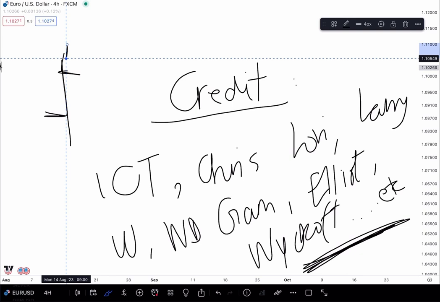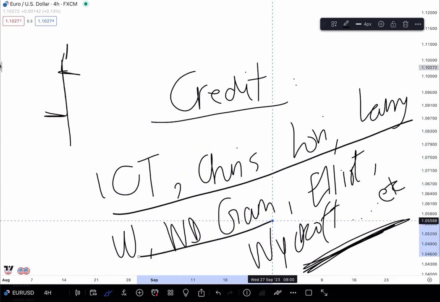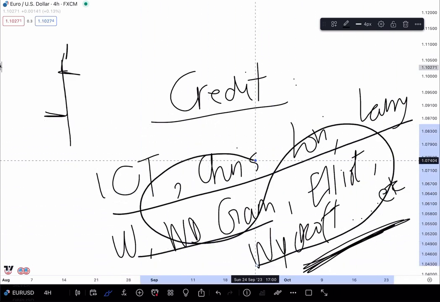And before any of you say ICT this, ICT that, go and read about everyone else, right? And many more, by the way. These are just some major, notable people. But before you open your mouth with parroting nonsense, and this is specifically aimed at a few people, go study and read the other people which existed in this field, which is trading.